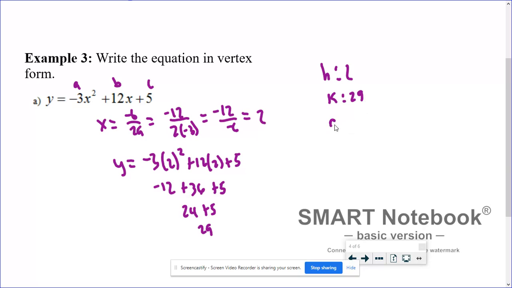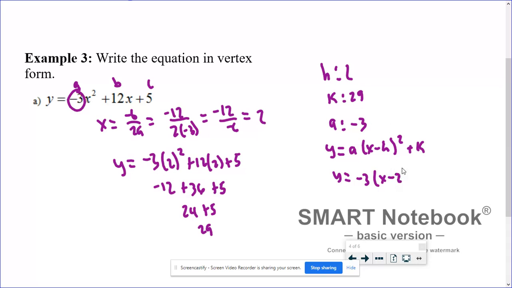And then the a value, the only other thing I need to write the equation, is the same as the a value in standard form. So it's negative 3. Now when I put it all together, remember I'm using a times x minus h squared plus k. My a is negative 3, my h is 2, my k is 29. So the answer to this one would be y is equal to negative 3 times x minus h.